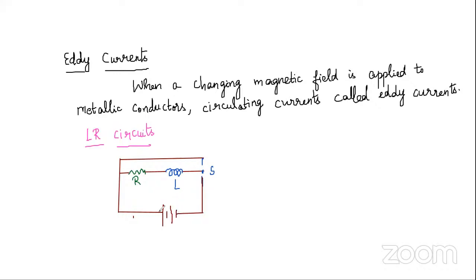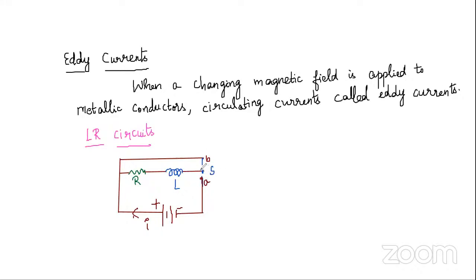This is the negative terminal. The current flows in this direction, represented by I. Here you have the position B, and here you have the position A.